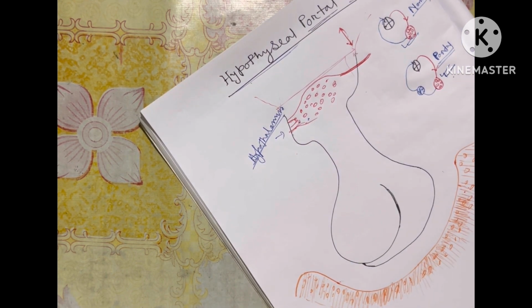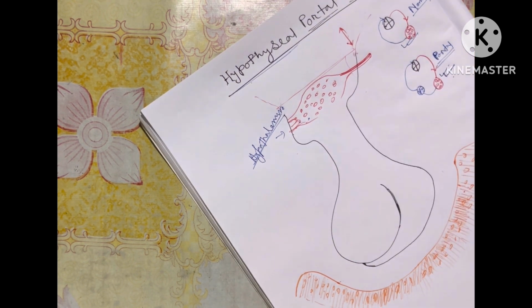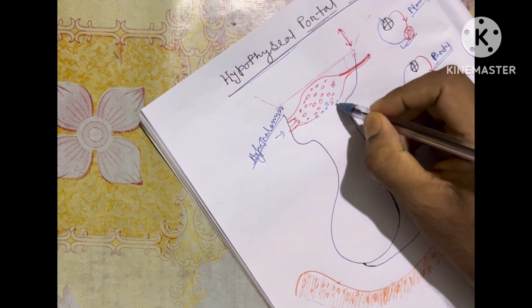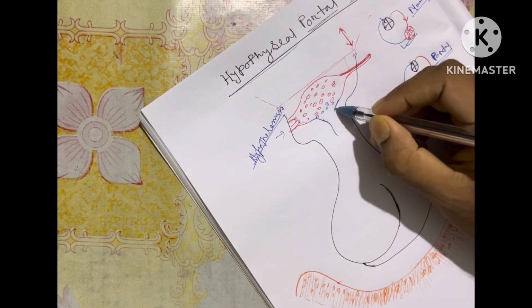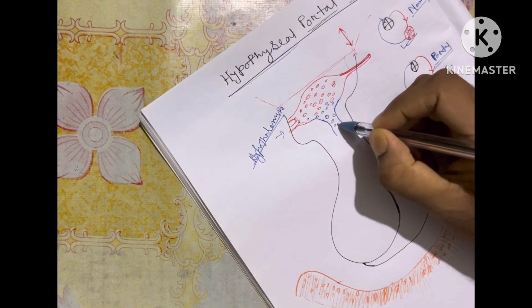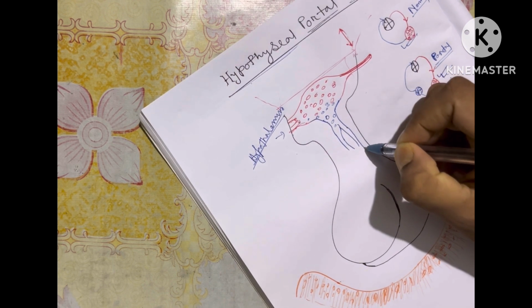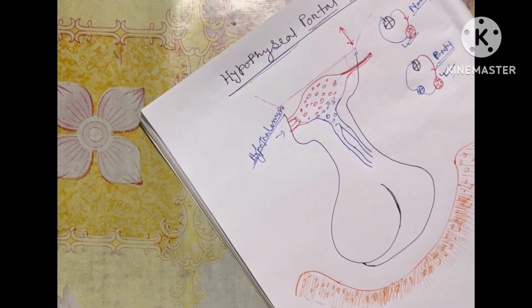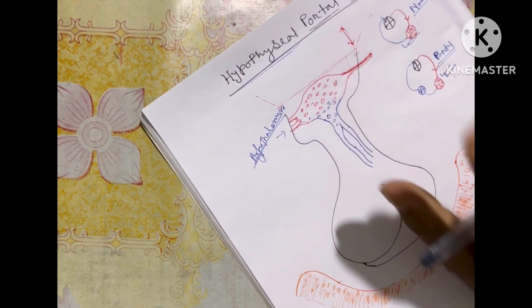Then those blood vessels will end up forming venous circulation, and that venous circulation will come down towards the anterior pituitary. In this video we are not going to focus in detail on the anterior pituitary. We are mainly focusing only on the hypophyseal portal system.